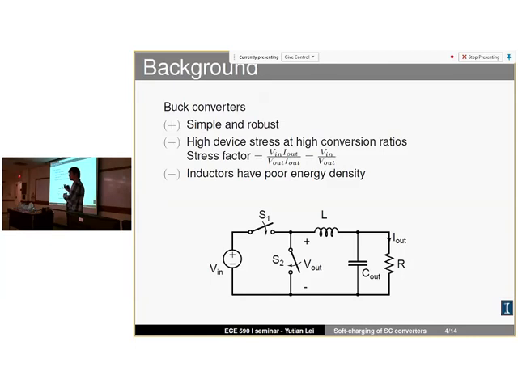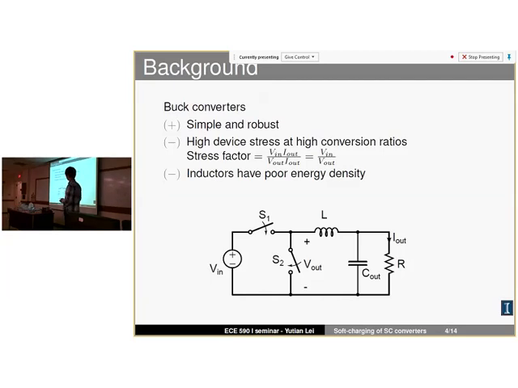And if we compare that with the power processed by the converter, which is V out times I out, the ratio is defined as the stress factor, which turns out to be V in over V out, the voltage conversion ratio of the power converter. So if we fix the output voltage, as the input voltage increases, even though we're processing the same amount of power, the size of the transistor also has to go up.